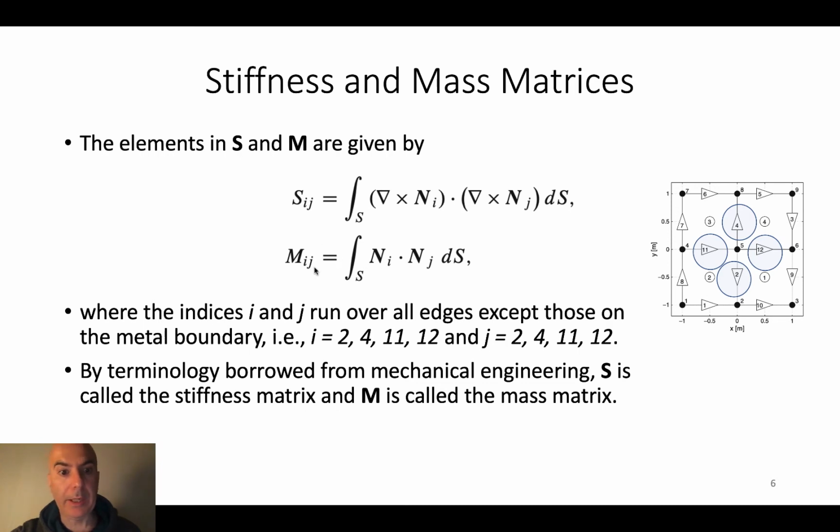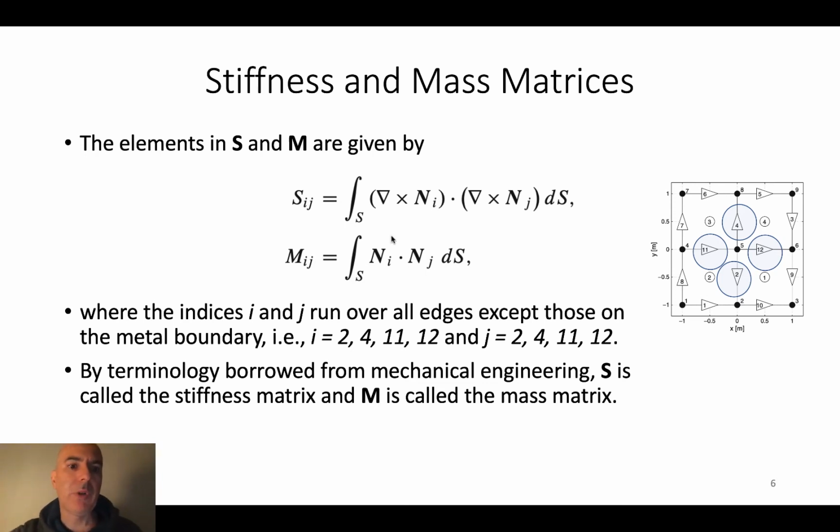And each element of the M matrix can be expressed as the integral of the inner product of the interpolation functions. From the previous lecture, we already know what these interpolation basis functions are in the case of the Cartesian uniform grids. The indices i and j run over all the edges internally, except for the ones at the boundary. These are not unknowns of our problem. These are given as a boundary condition.